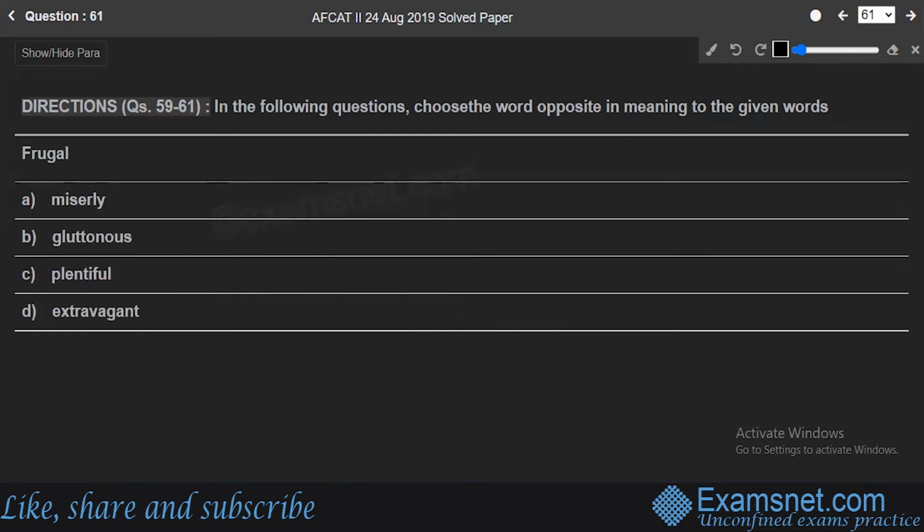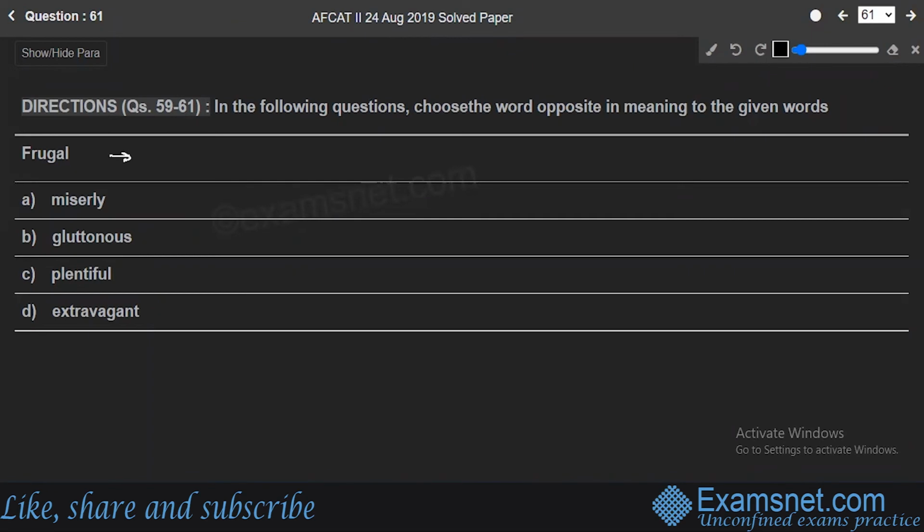Question number 61. Again, you have to find the opposite word to the given word. The given words are frugal, miserly, gluttonous, plentiful, extravagant. Let's look at the meaning of all these words one by one.